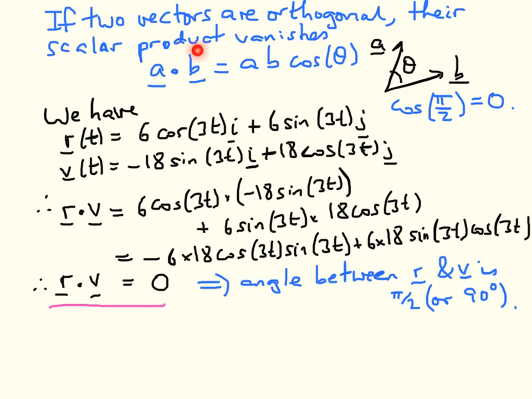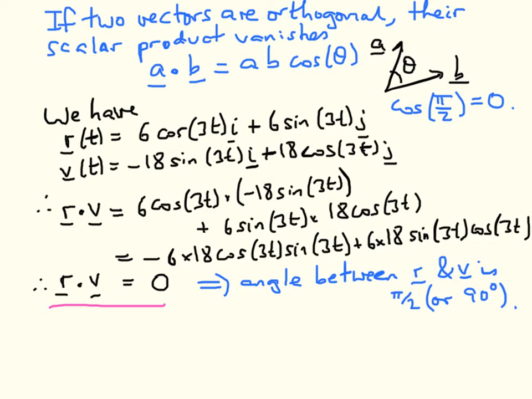So let's just, to see that, remember the basic result, that if we have two vectors and we take their scalar product of A and B, then the scalar result that we're going to get is the magnitude of A times the magnitude of B times the cosine of the angle between them. And if vectors are at right angles, then this vanishes because the cosine of pi over 2, or the cosine of 90 degrees, is 0.